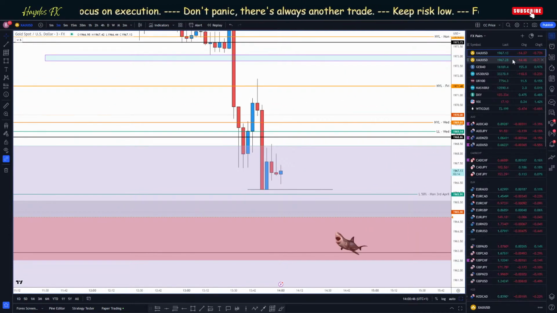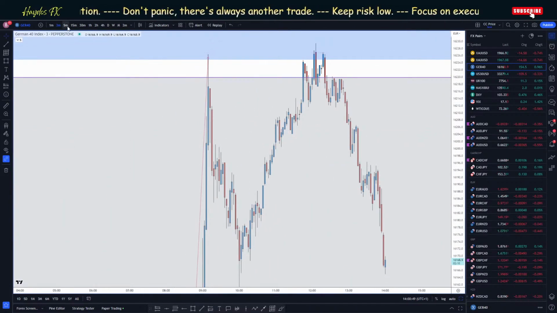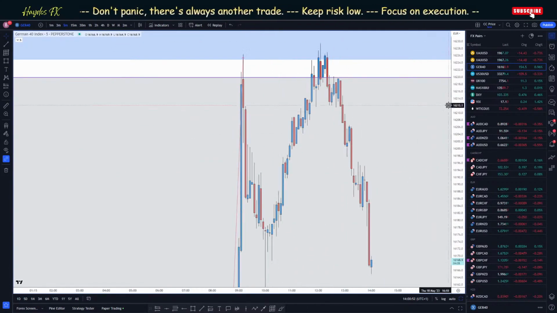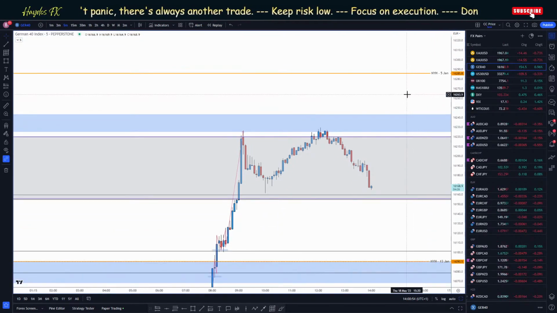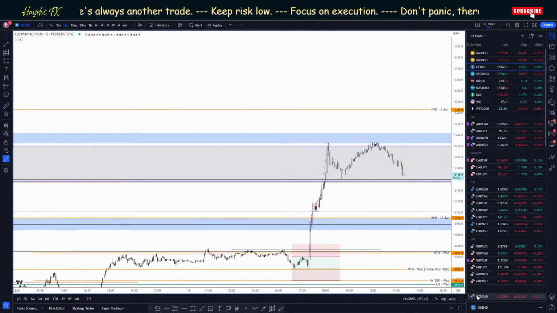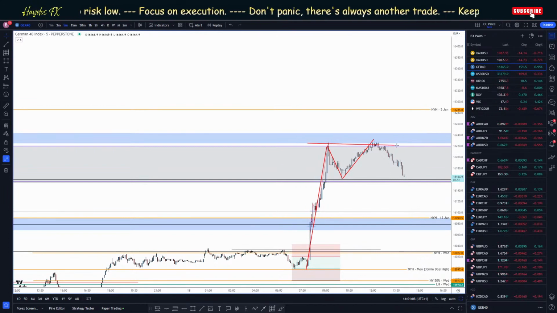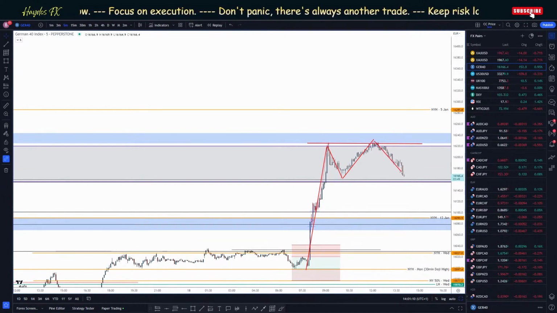I'm going to pop over to see what's happening on German. It's a good setup, this one. Price pushed up, came down, created support, and just went a little bit higher. And then pushed down. Crazy thing is I've had this zone in here for quite a long time.